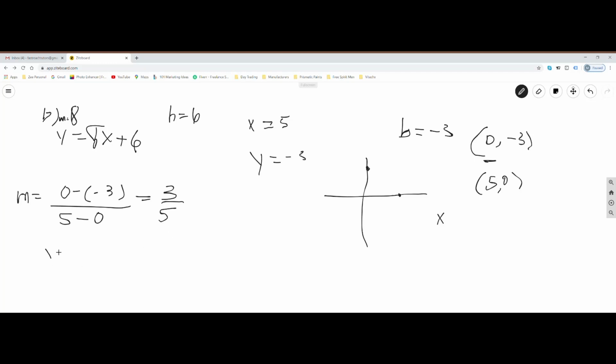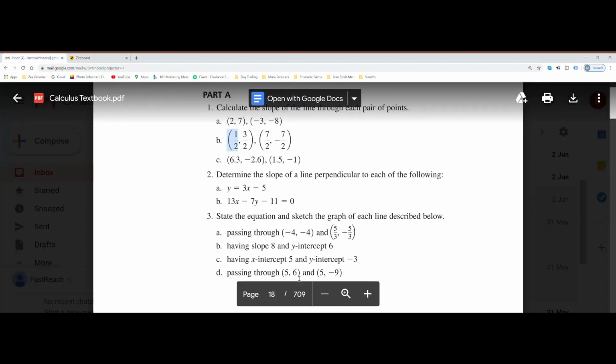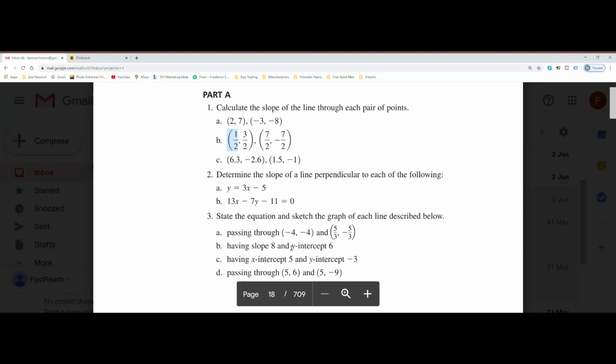So the equation is y equals 3 over 5 x minus 3, because that's the intercept. Oh, we were supposed to graph these ones. Okay, once we're done getting the equations, we can go back and graph them.